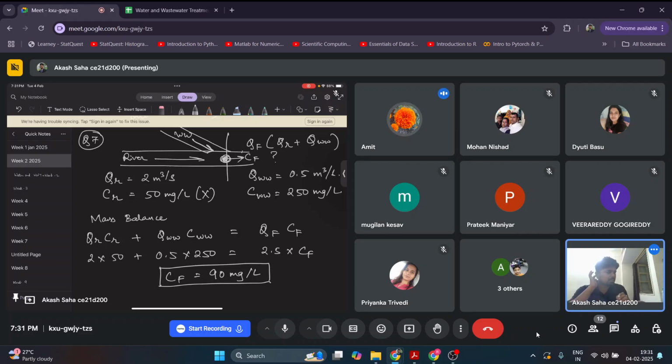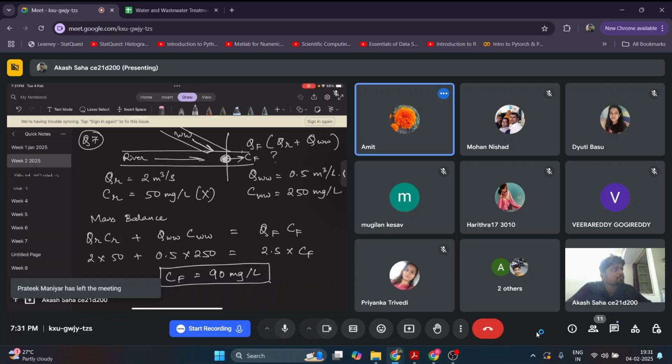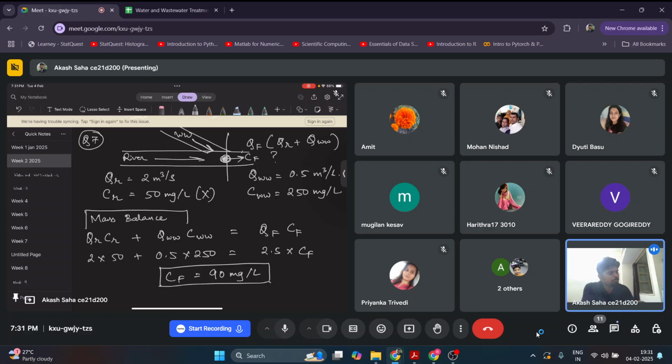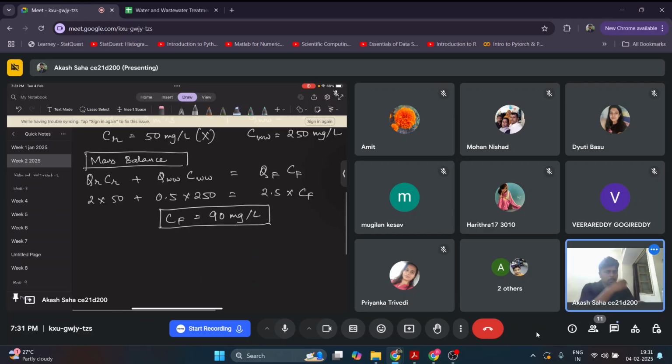Sir, I think the viscosity concept will also apply in flow rate. Viscosity, how? What viscosity concept? See, when we are talking about mass balance, when we multiply Q into C, what is happening? Q is meter cube per second, right? C is milligram per liter, or I can write it as milligram per meter cube.